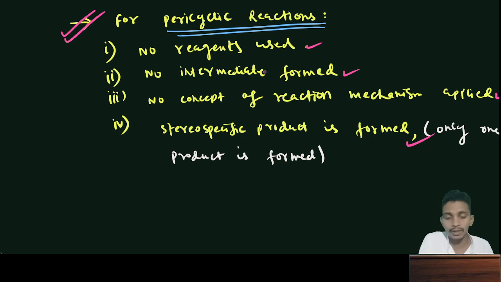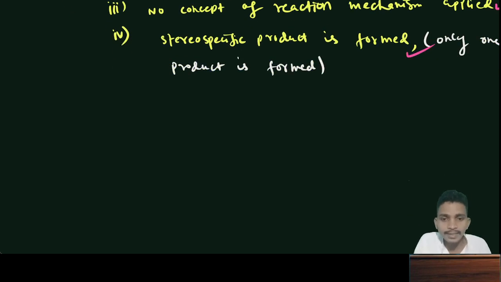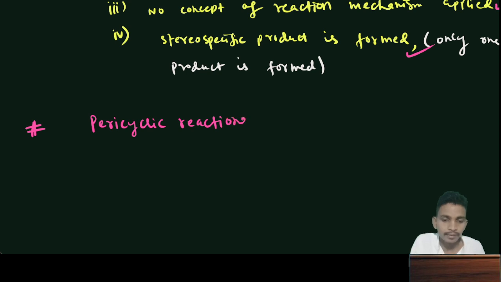Because for organic reactions, these are the basic things that have to be there for a reaction. But if none of these things is happening, then how does it proceed? So how will pericyclic reactions proceed?